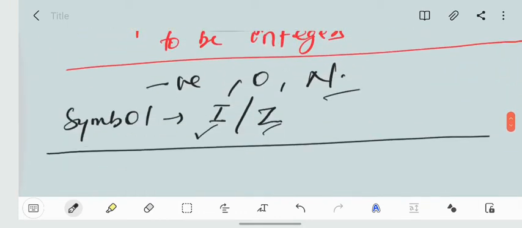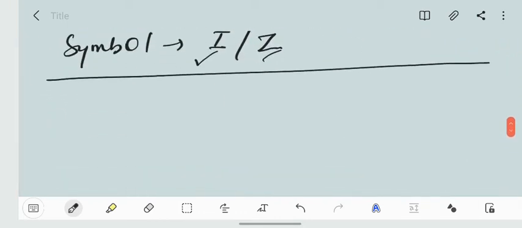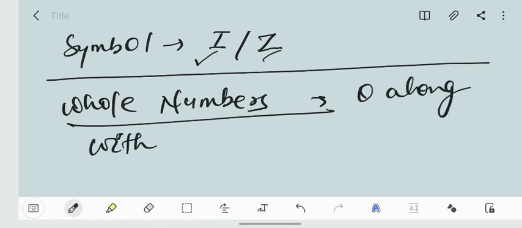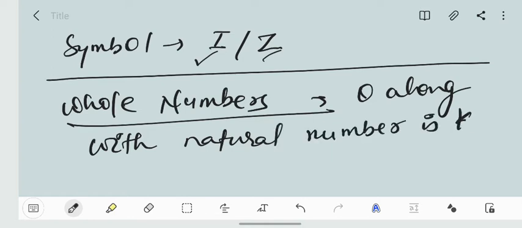So integers consist of the negative numbers as well as the whole numbers. Let's talk about whole numbers now. Numbers 0 along with natural numbers is known as whole numbers.